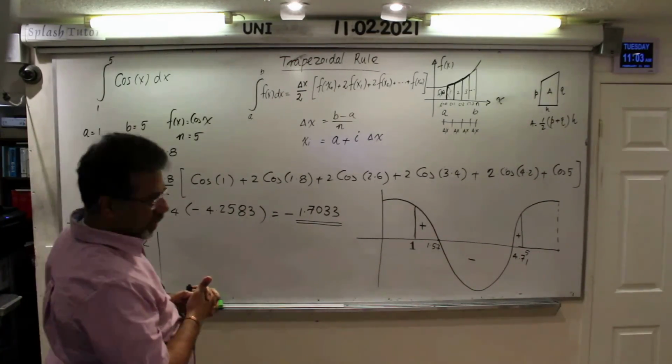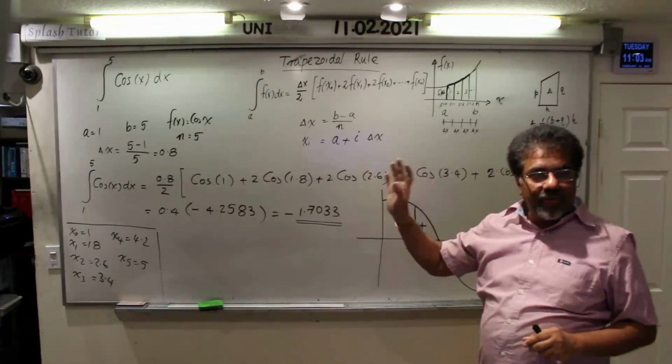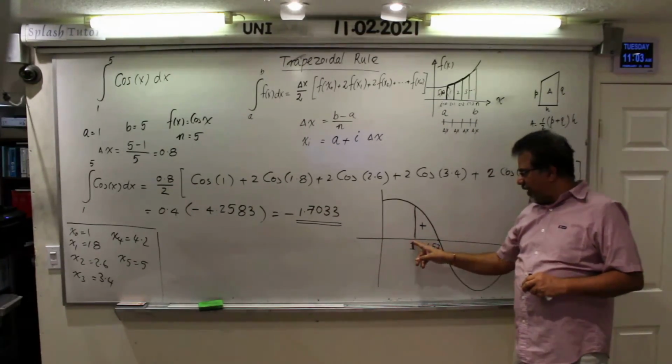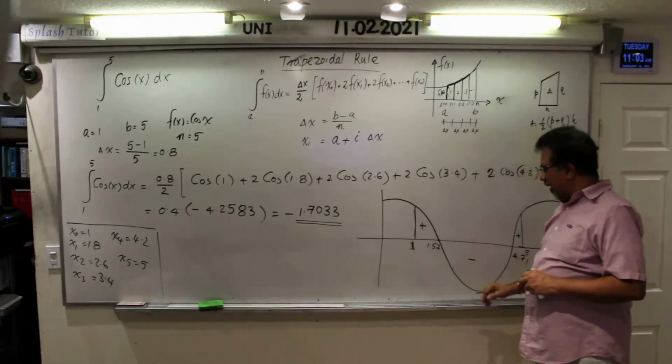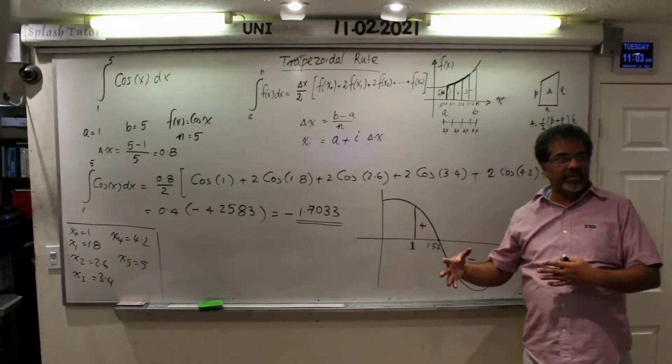They didn't ask you to figure out area. They asked you to figure out the integral from 1 to 5. If they're asking for area, then you have to take this area, and this area, and add everything together, and you get a positive big number.